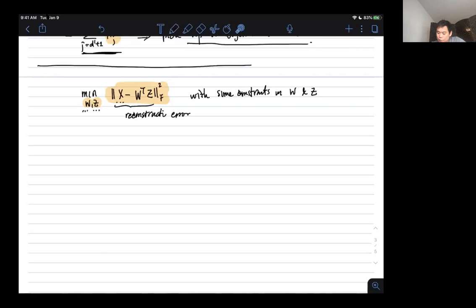So now, what would be the other type of constraint we can think of? One constraint that turned out to be extremely powerful is so-called non-negative matrix factorization, often in short called NMF.